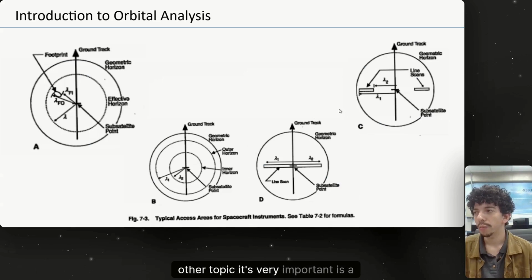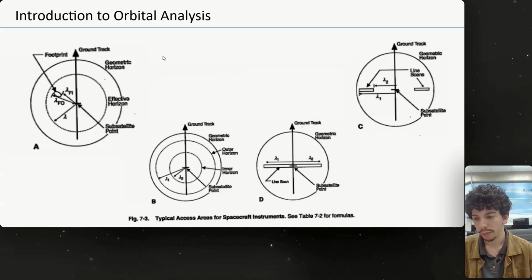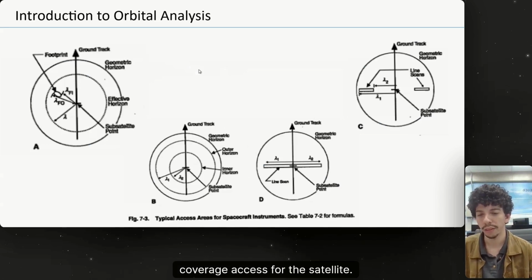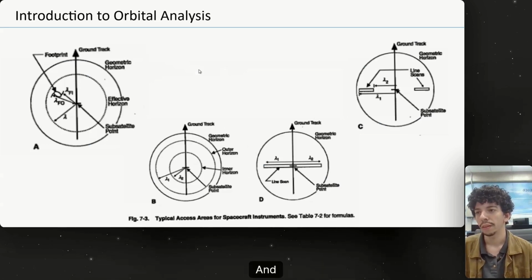Another topic that is very important is the coverage access for the satellite. And in this case, we have many types of sensors.